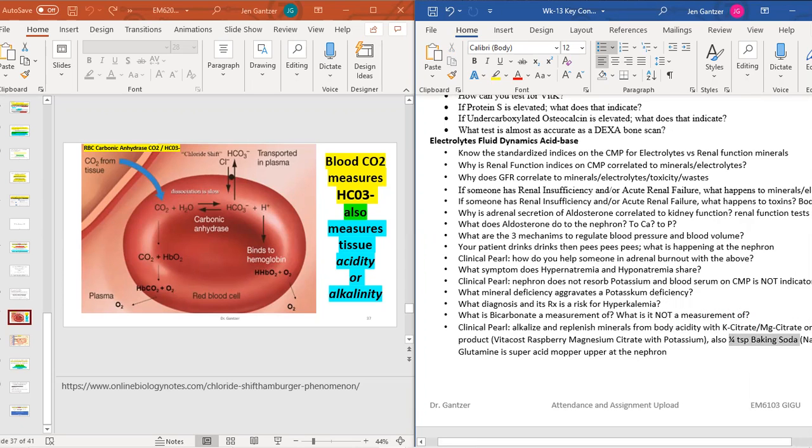So if you alkalize in between meals with the baking soda, Clinical Pearl, you'll raise your blood alkalinity, probably up to 7.5, 8, 8.5, and then your kidneys will rapidly excrete the ammonias, and then you have a wonderful alkalizing benefit.